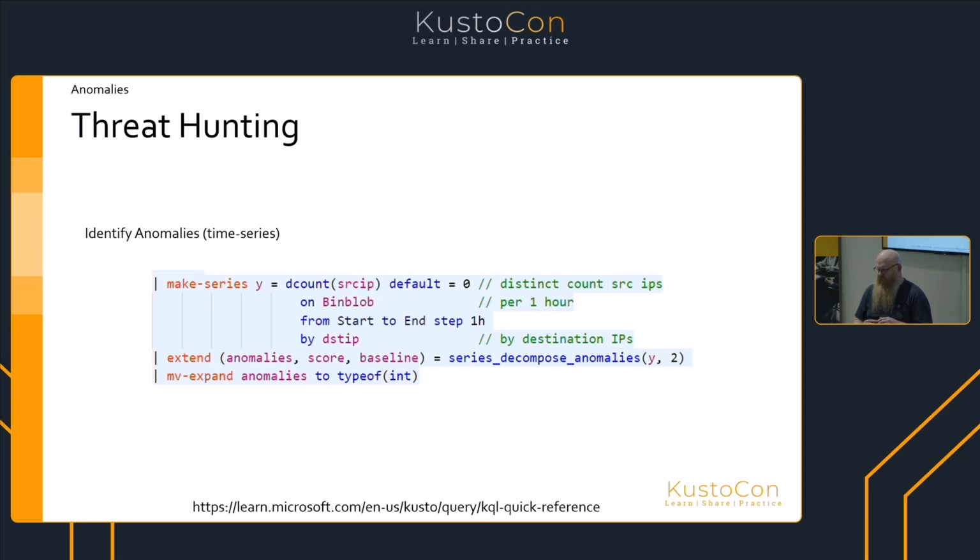So maybe you want to look for a specific event, but the event before must contain a certain activity, or the event after should be something. We can also calculate anomalies and make a time series of the event and see the probability of that event to actually happen.